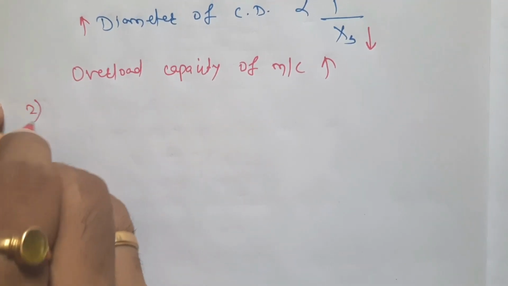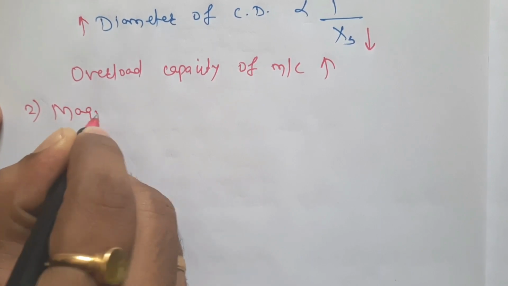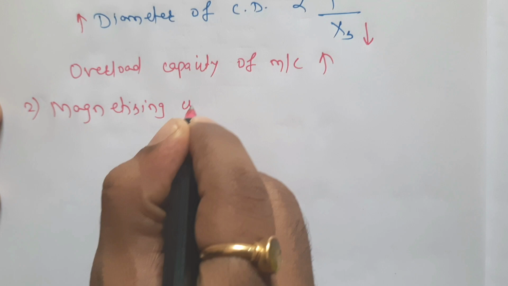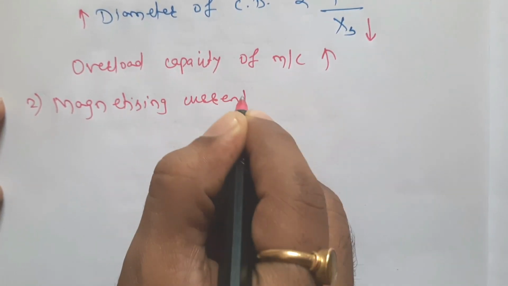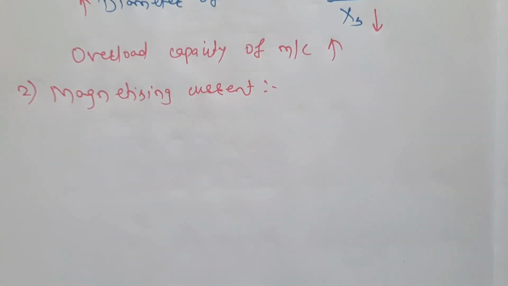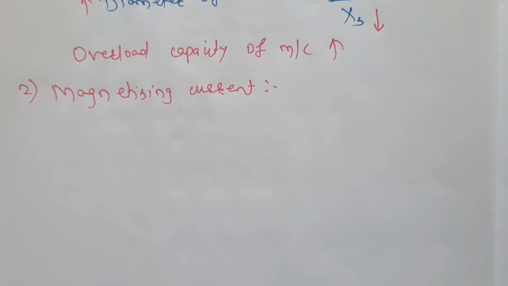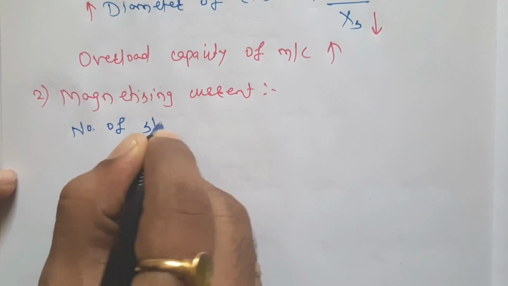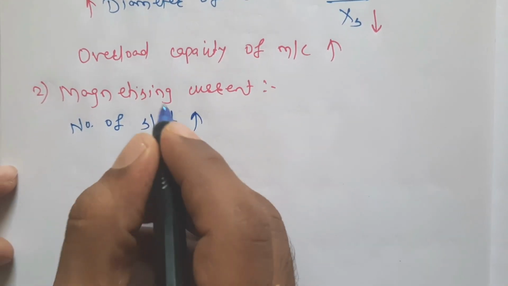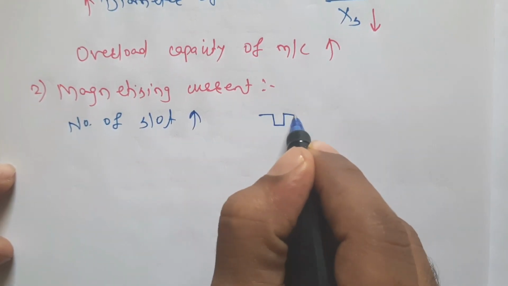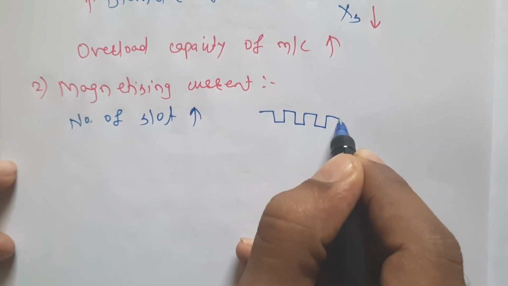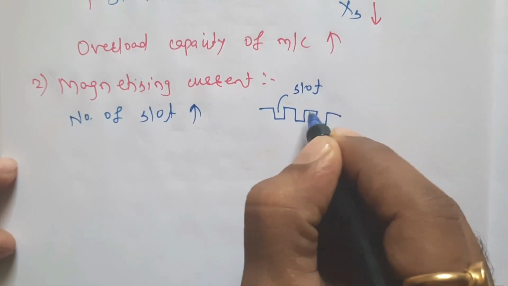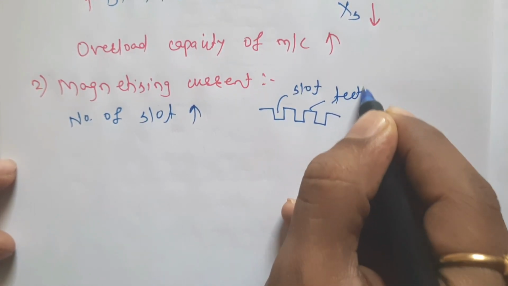Now, the second factor is magnetizing current. Here, again if we increase the number of slot, this is slot, this is teeth.